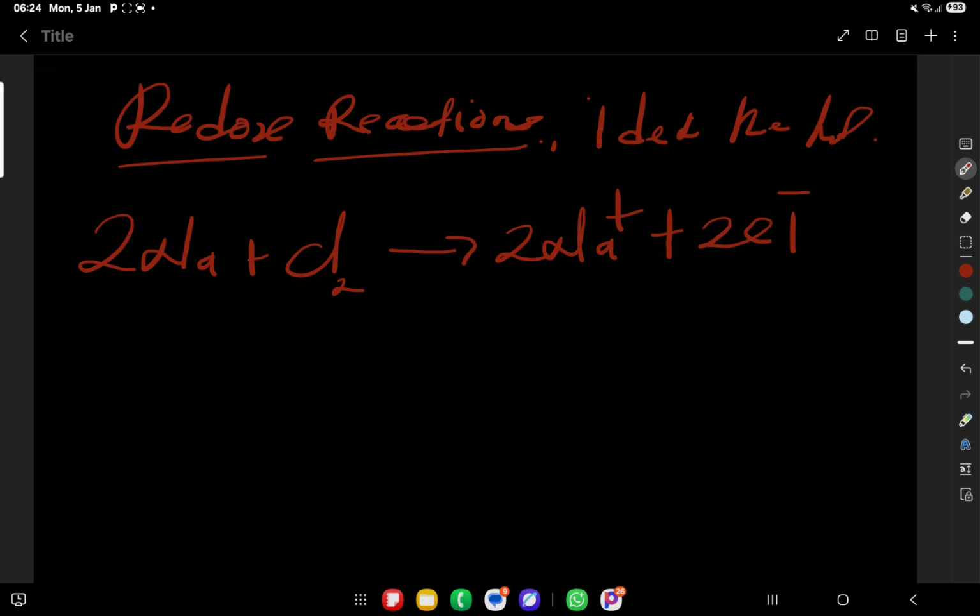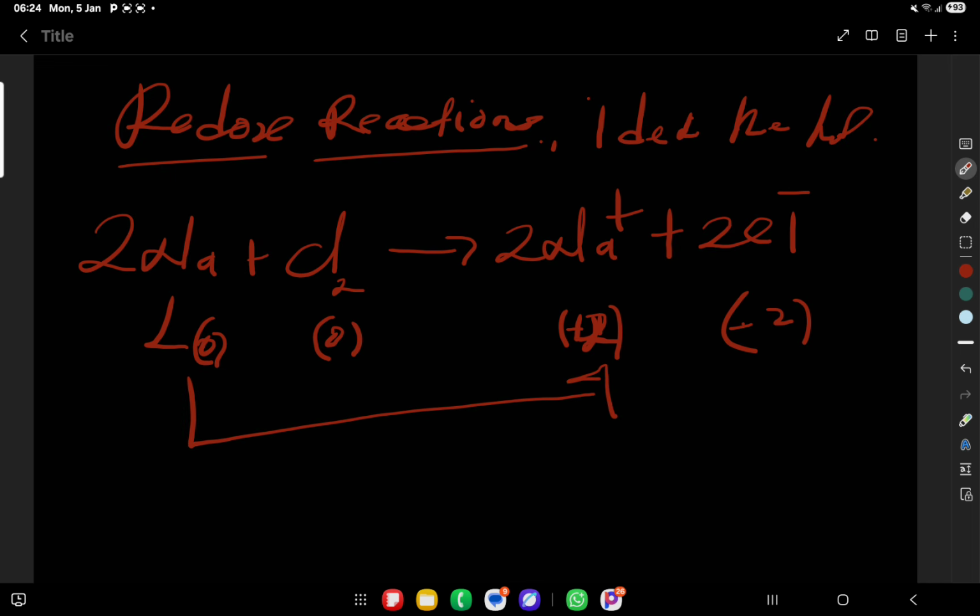When you have an atom like this, the oxidation number is 0. When you have a diatomic like this, it's 0. When you have a charge like that, it's positive 1, and in this case you can even say positive 2 because you have 2 times there. This one here is negative 2. Then you have to compare them, sodium versus sodium, and also compare the chlorine.